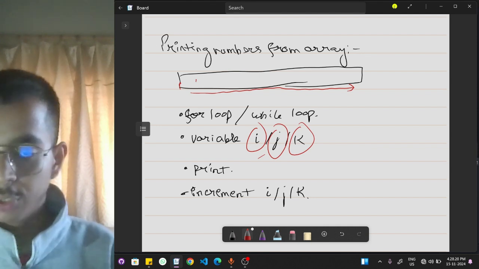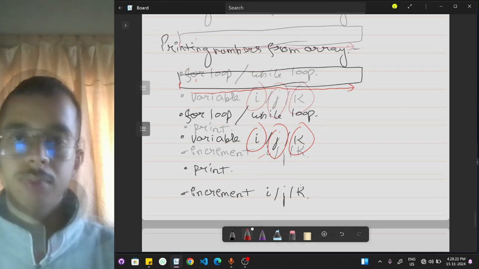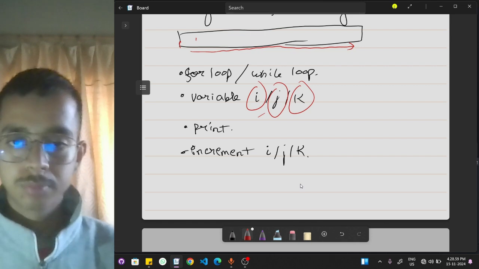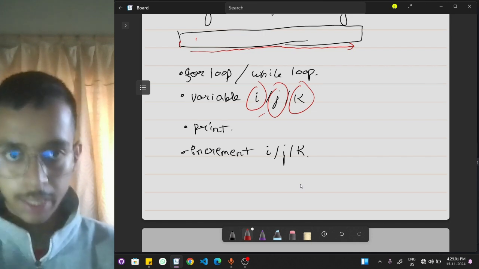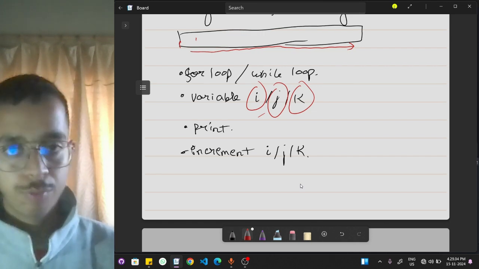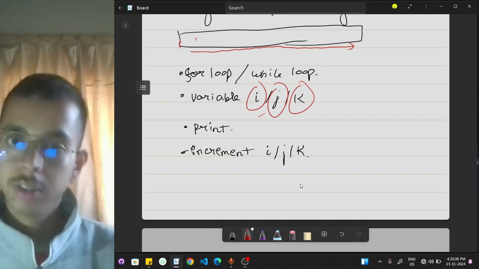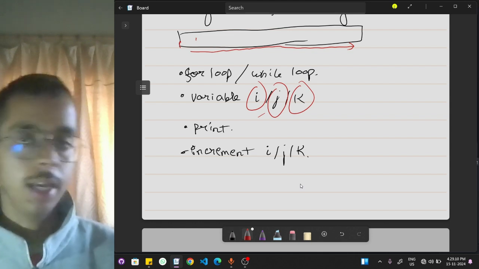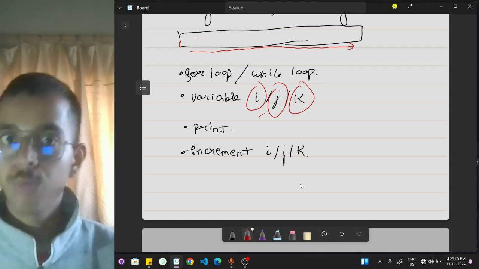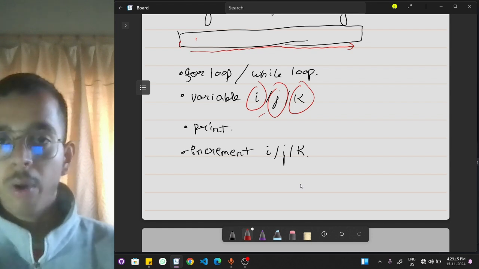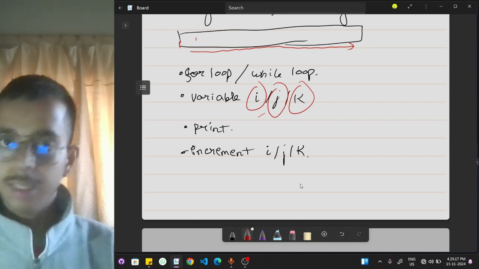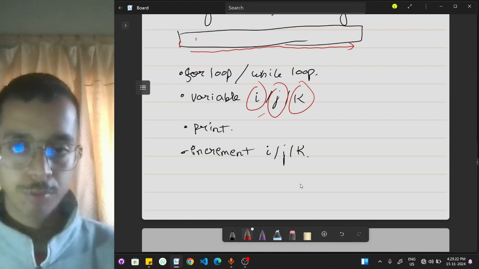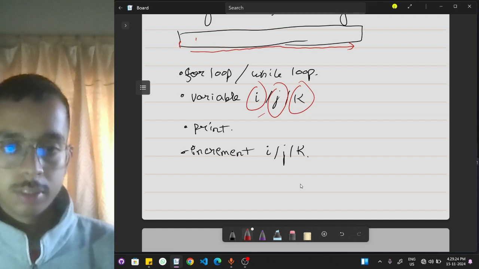Then you use that index to print the values from the array. So you can see this i, j, and k is kind of a pointer which is moving over the array, pointing to each memory block in the array. And that's the most basic example you can have for a pointer.